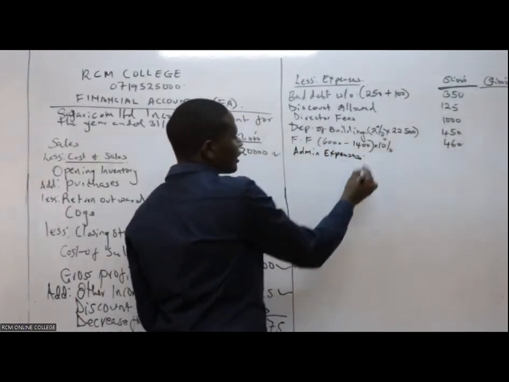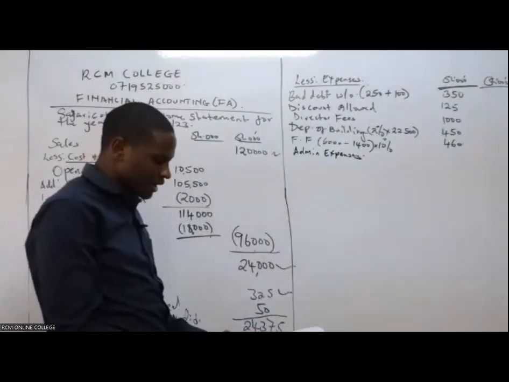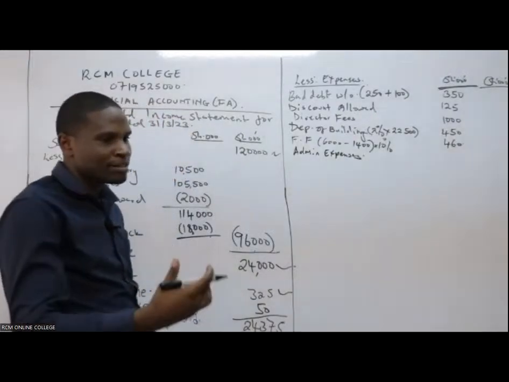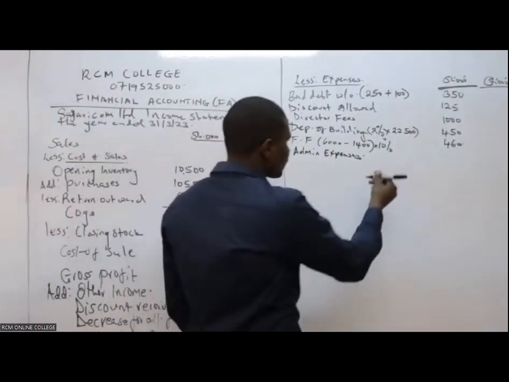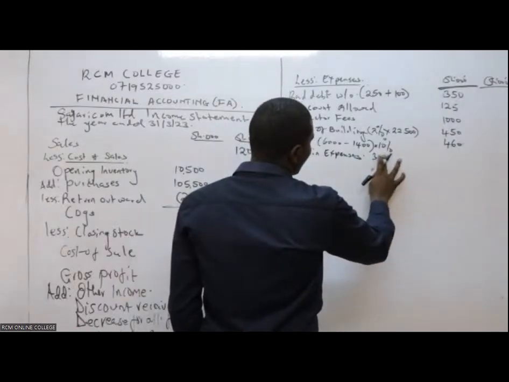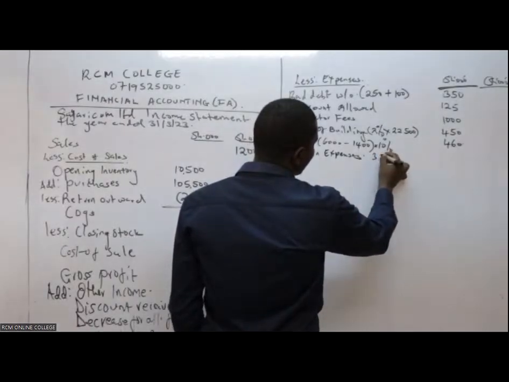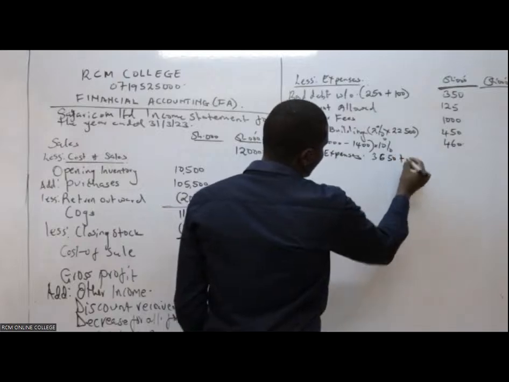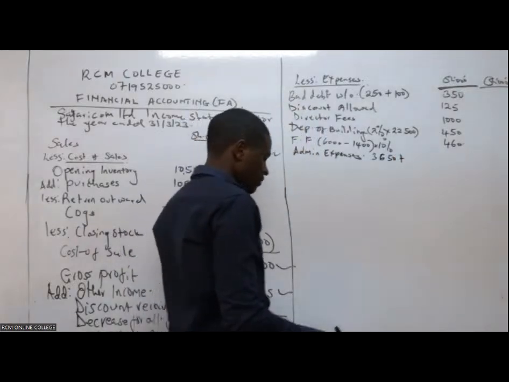So our admin expenses will increase with that amount. In the trial balance, the admin is 3650 plus the accrued amount, which is 175.